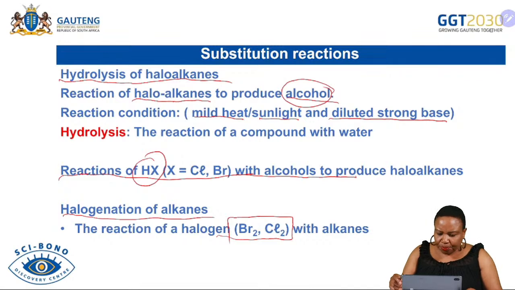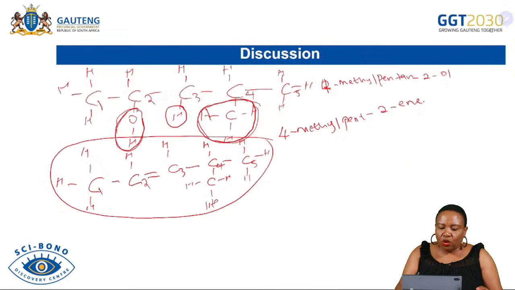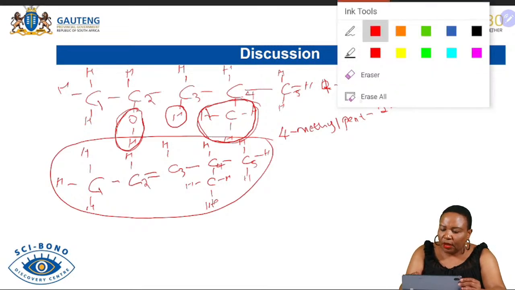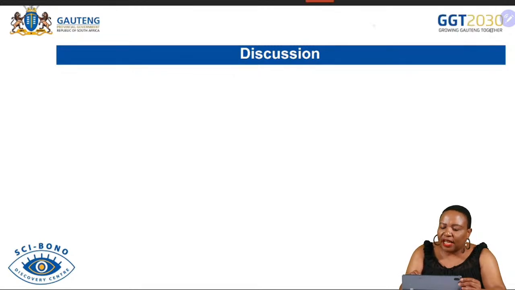Now, when you do substitution, we are going to use haloalkanes in order to give us the alcohols.